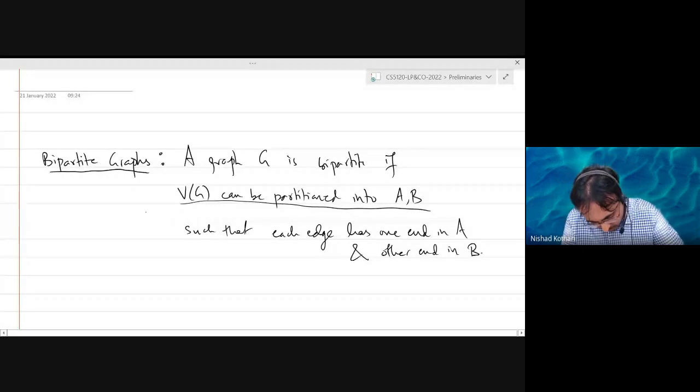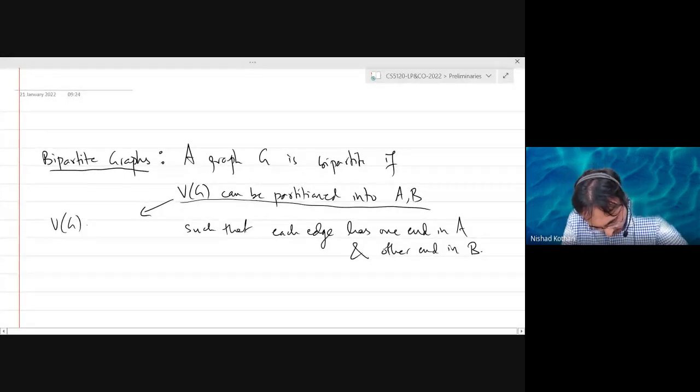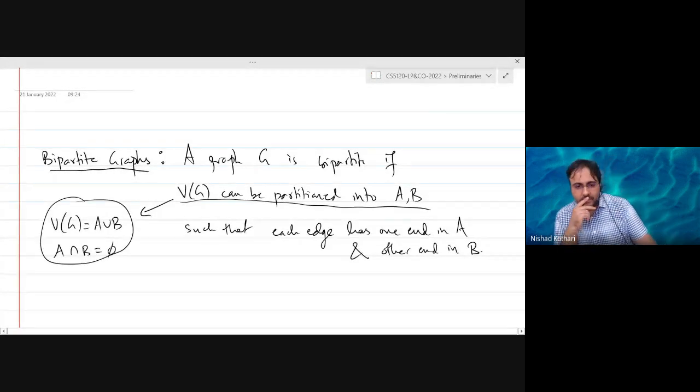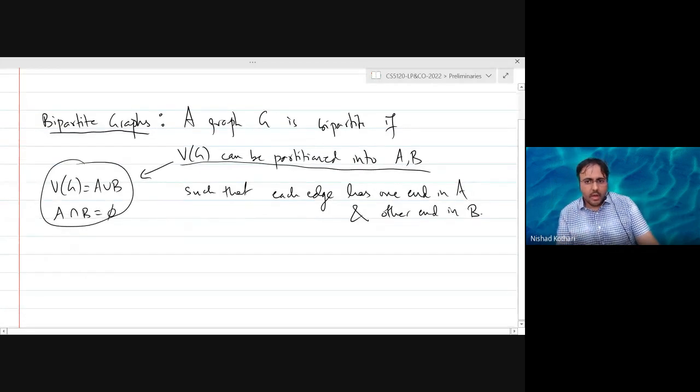Probably you know, it means that you can write the vertex set as A union B and A intersection B is empty.